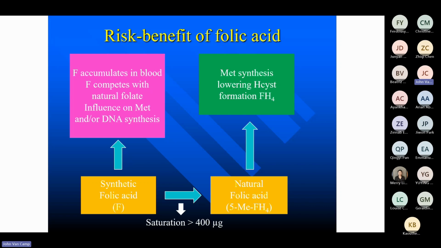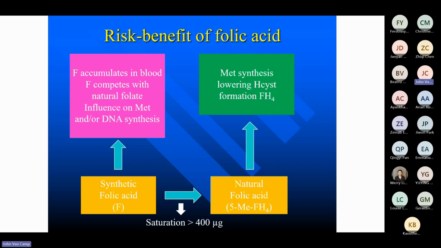So this is the 5-methyl tetrahydrofolate. And this natural folic acid will help in methionine synthesis, lowering of homocysteine. So it means that it contributes to the normal processes of folic acid. So that's what we want. But we also understand now that when you systematically supply folic acid at a dose which is higher than 400 micrograms per day, in those situations, the conversion process gets saturated.